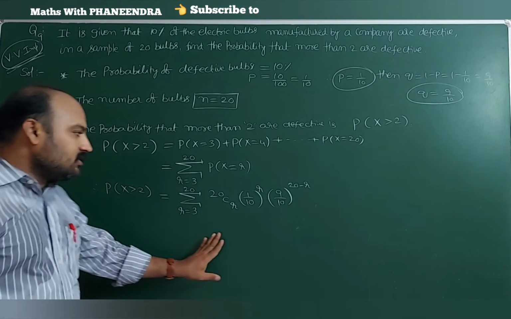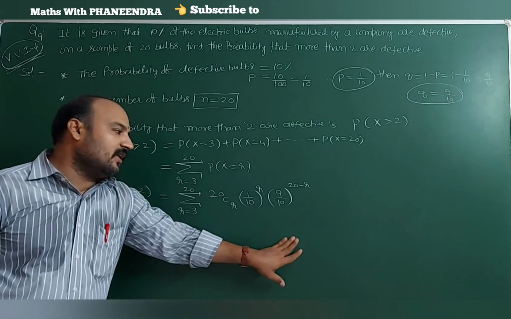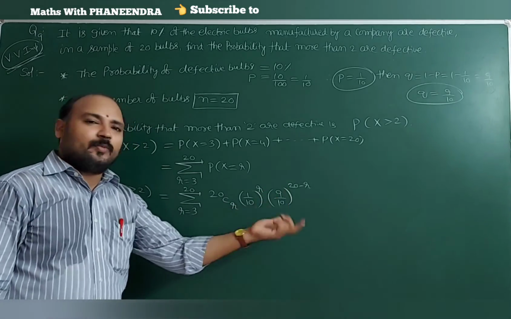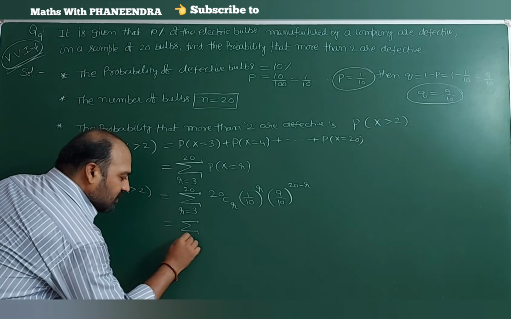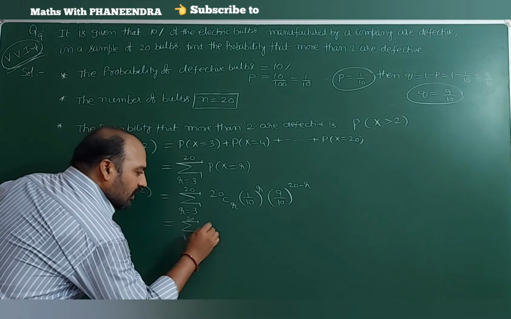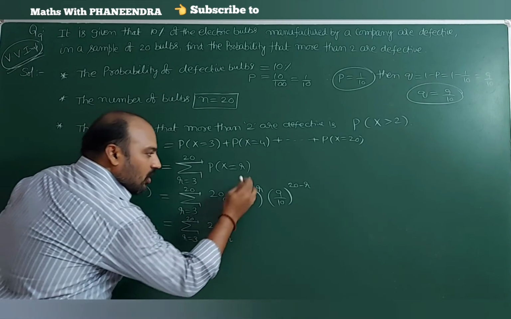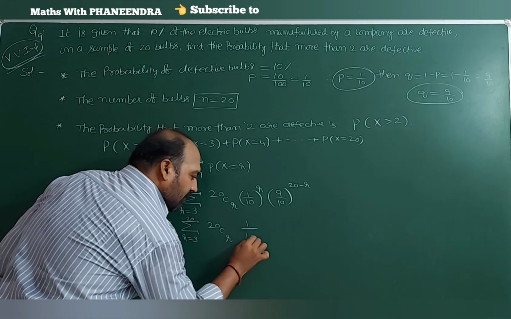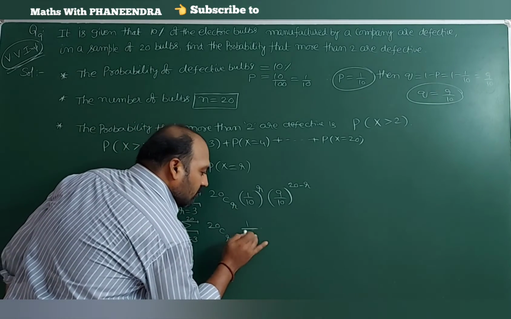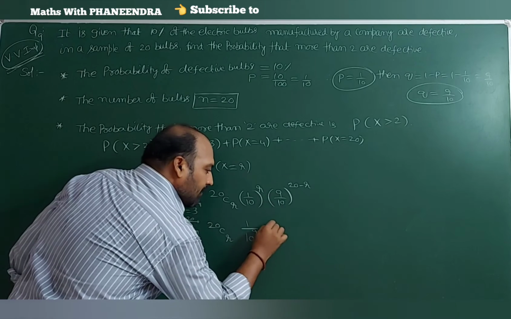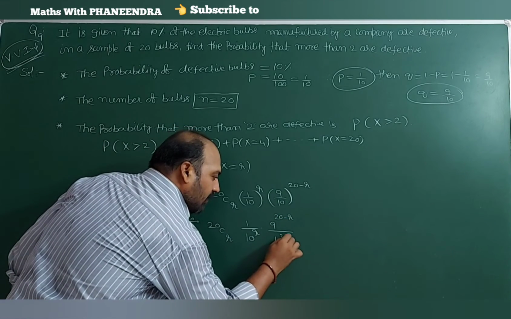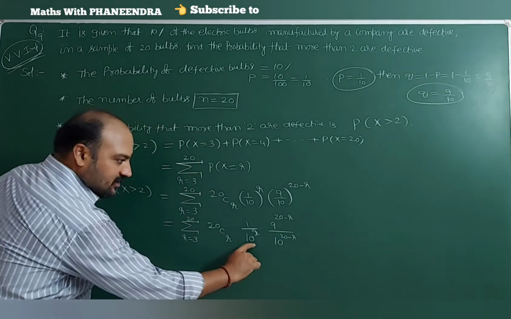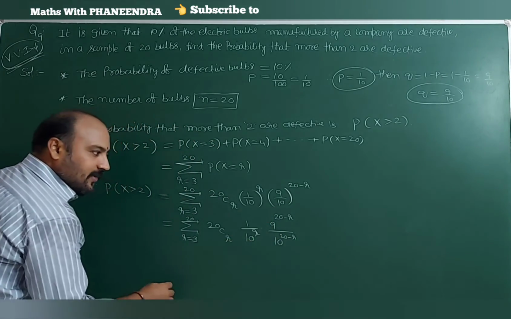Here, dear students, if you don't want to leave it like this, since the bases are equal, the portion is divided, just simplification. One more step: R equal to 3 to 20, 20 CR, 1 power R is 1 only, 1 by 10 power R into 9 power 20 minus R by 10 power 20 minus R. So bases are equal, portion divided, plus or minus R will be cancelled now.